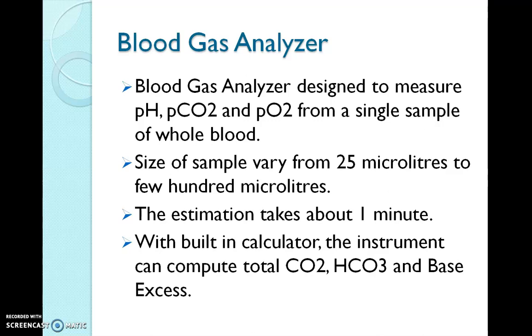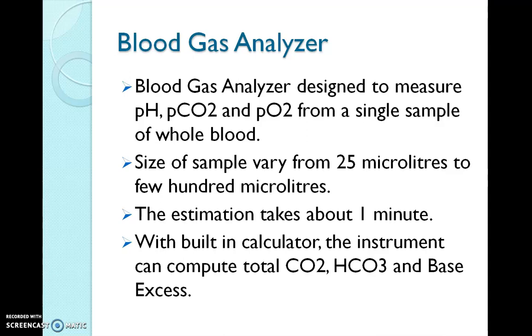The estimation takes about 1 minute to calculate the pH, PCO2 and PO2 from a sample. With built-in calculators, the instruments can also compute total carbon dioxide (CO2), HCO3 and base excess.